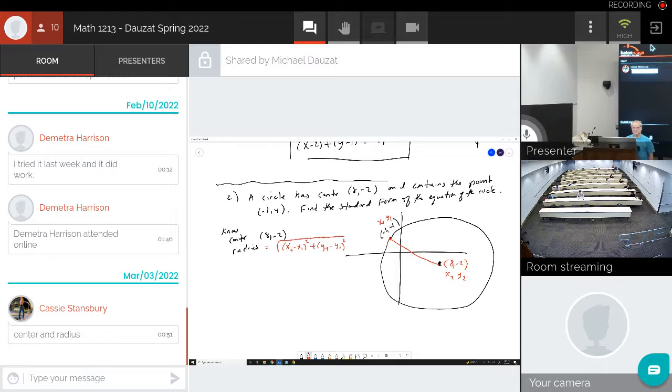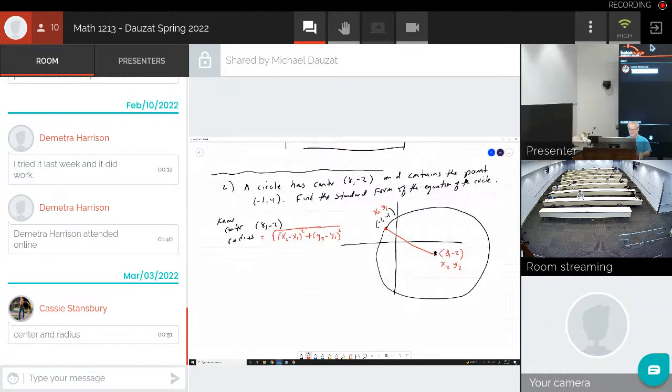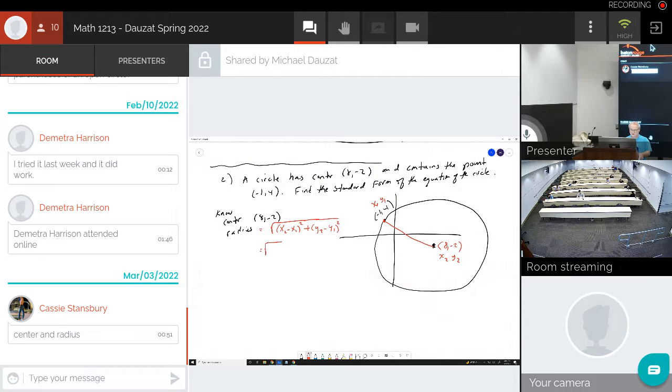All right, so let's go ahead and find the length of the radius. Square root of, what's x2 here? 8. Subtract x1, what's x1? What do I do to that? Square it. Plus y2, what's y2? Subtract y1, which is 4. What do I do to that? Square it. What's 8 subtract -1?